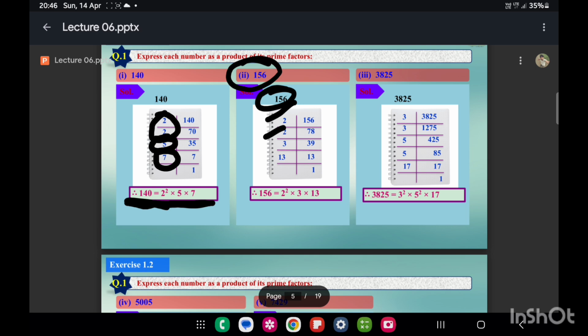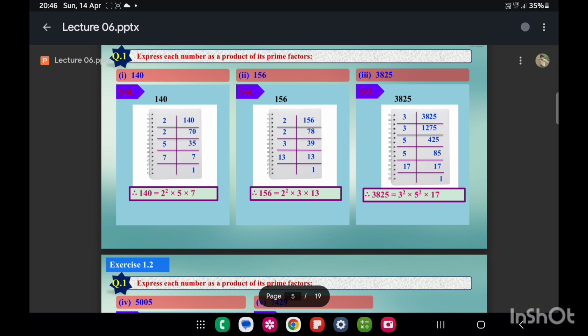Again 39 can be divided by 3. 3 thirteens are 39. So at the end we got 13. 13 cannot be divided by any number, so 13 itself is the divisor. So 13 ones are 13. Then we get the product of its prime factors: 156 equals 2 power 2 into 3 into 13.